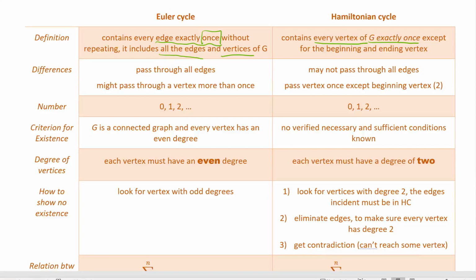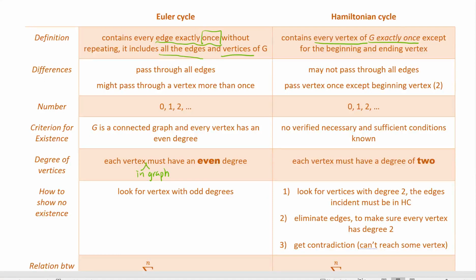But for a Hamiltonian cycle, we don't have a verified necessary and sufficient condition for its existence. Alright. Degrees of the vertex. Each vertex must have an even degree. Okay, this is each vertex in the graph. Okay, the degree of the graph.